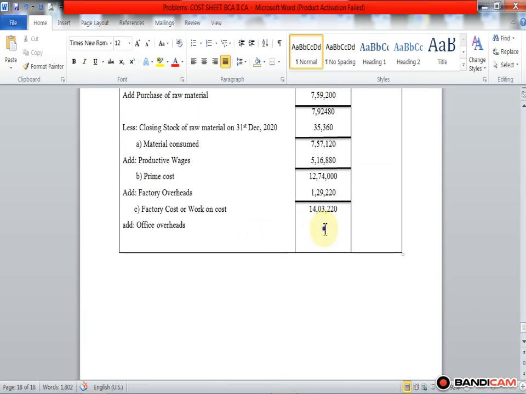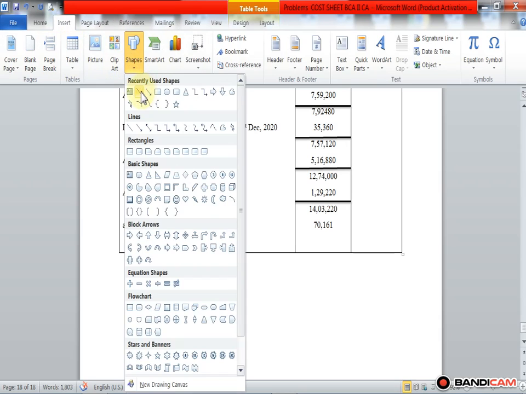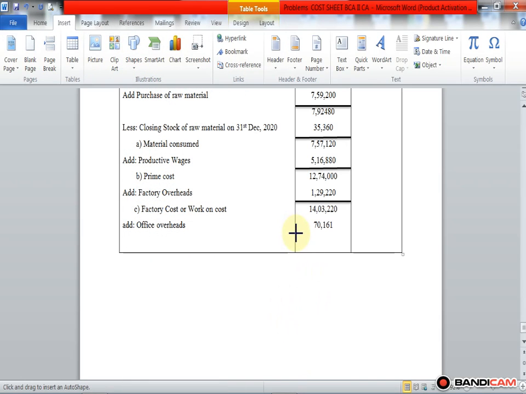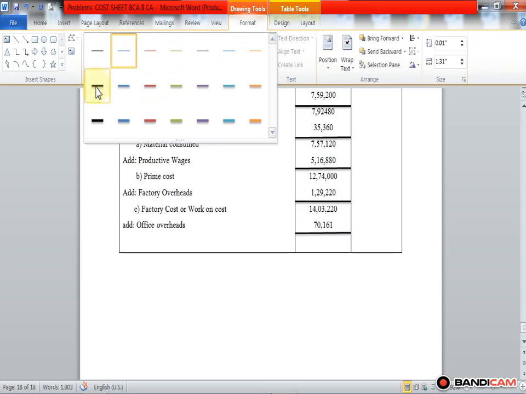So we add it, then we get the amount called total cost.